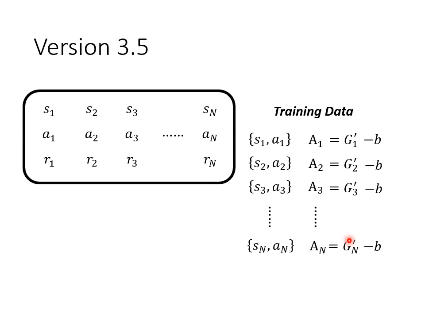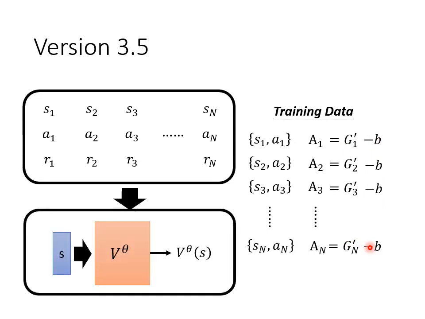A student asked last week, doesn't cumulative reward need to do normalization? It needs to do normalization. So, we subtract B as normalization. But what should the value of B be? It's hard to say. A reasonable way to set the value of B is to set it to V theta of S. Suppose now you have trained a critic. Based on these training data, you can also train a critic.